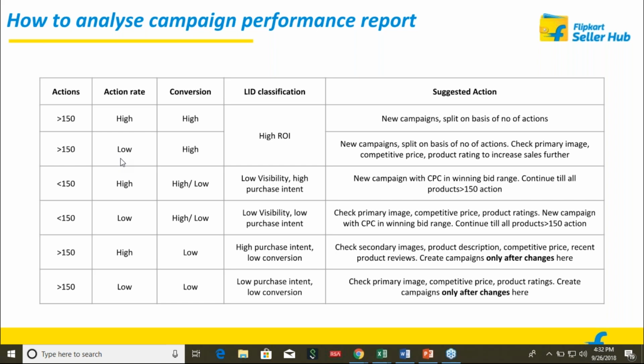At the product listing page, he is only seeing the primary image, he is seeing the price, he is looking at the rating, and the title of the product is anyway pre-decided by Flipkart logic, right? So those are the things that you need to check, which is the primary image, competitive price, and product ratings, to see why he is not going inside. And that is when you need to take an action. Got it? You take actions there to ensure that the action rate gets better.